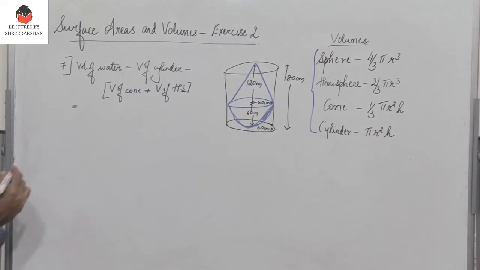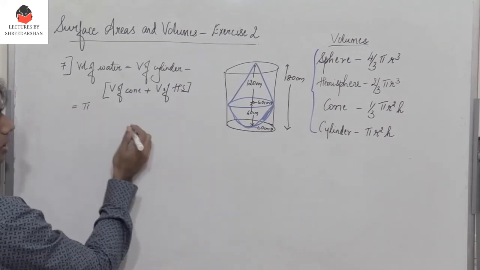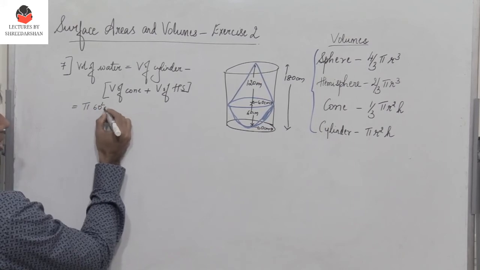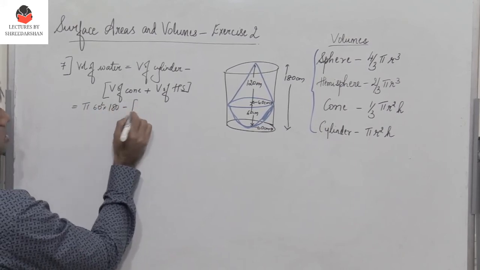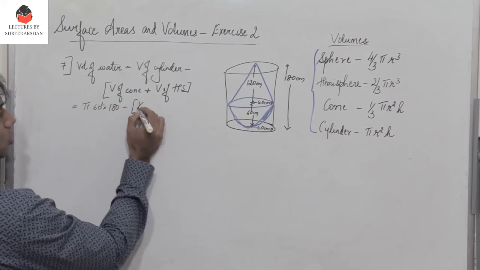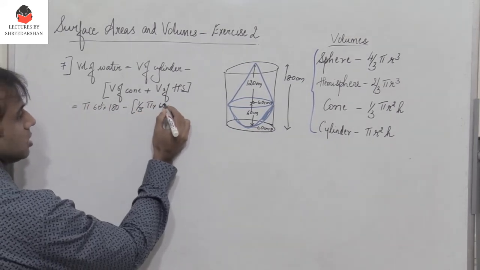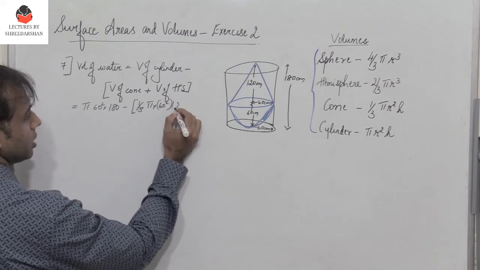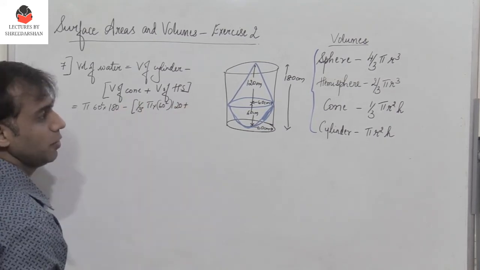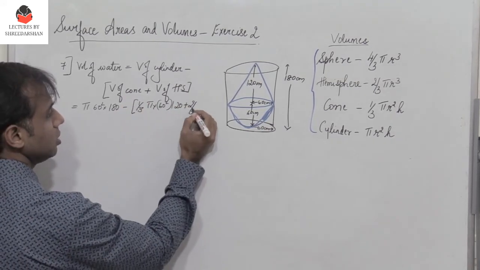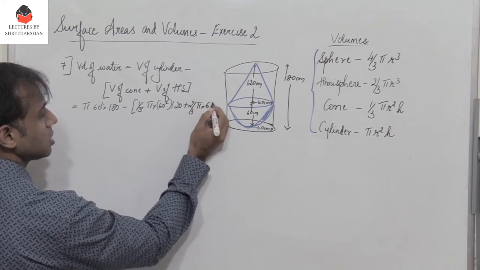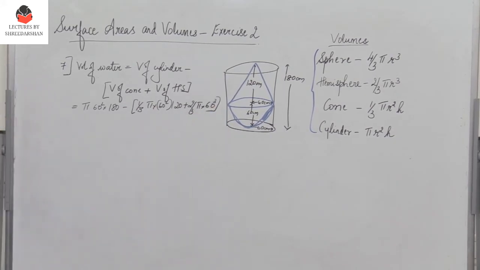It is pi into r square, 60 square into h, which is 180, minus volume of cone, which is 1 by 3 into pi into r, which is 60 square into h, 120, plus volume of hemisphere, which is 2 by 3 pi into 60 cube. Right, because the radius of the hemisphere is 60.